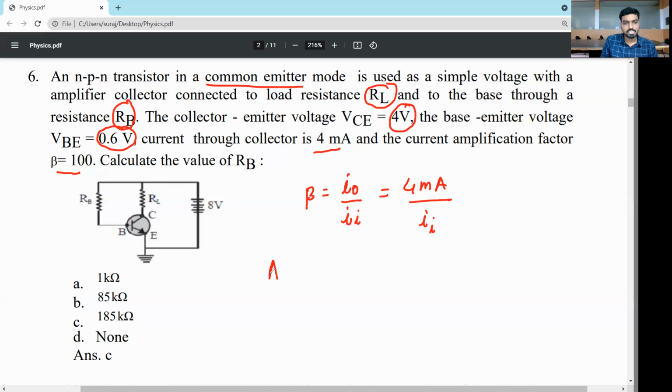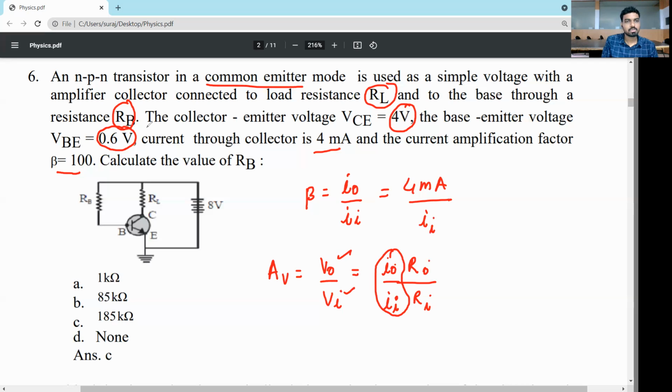What is voltage amplification here? I can write V output by V input. Voltage amplification, I can write I output by I input into R output by R input, since V is equal to IR, right? Now, what is I output by I input? This is beta. Beta and R are given.